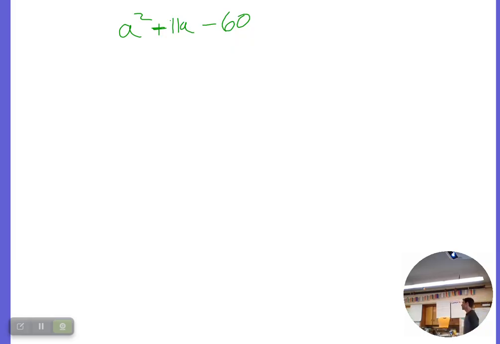So, first things first. In the expanded form, it gives us one of the important points of a parabola. We'll just remind ourselves, we're looking for the x-intercepts, the y-intercept, the line of symmetry, and the vertex.